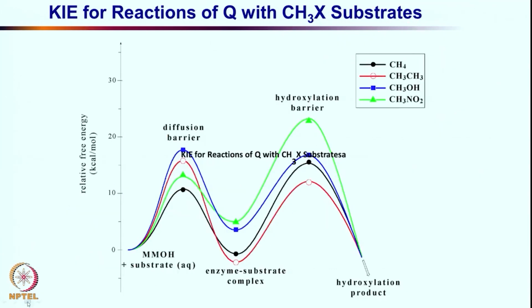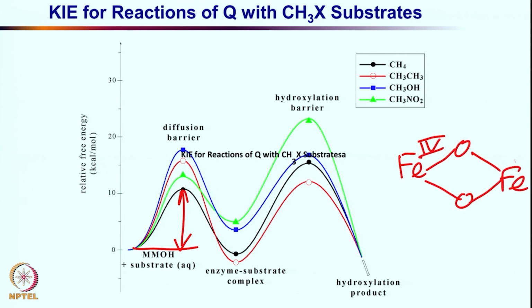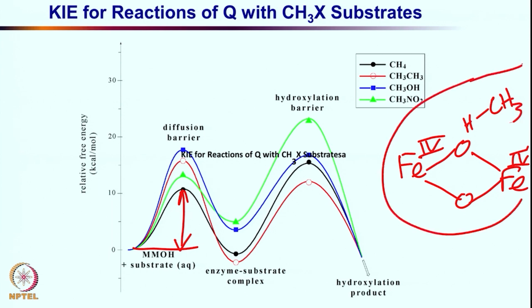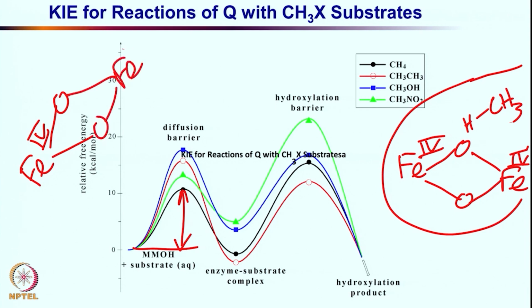If you are remembering the previous drawing carefully, you will note that for methane, this is the black curve, this path, the diffusion of methane towards the iron 4 oxo species is not really problematic. So, this diffusion or pre-orientation of the methane can happen quite easily, but this is not so easy if you have approach of ethane, and that is how the substrate specificity perhaps is obtained.